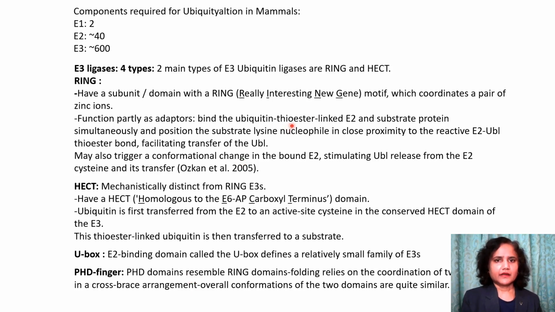So the RING type E3s are sort of like adapters. They catalyze modification by binding simultaneously to the ubiquitin-like E2 thioester complex and the substrate which has to be modified, and it positions the amino group of the substrate lysine near the E2 ubiquitin thioester and catalyzes the transfer of this ubiquitin to the substrate.